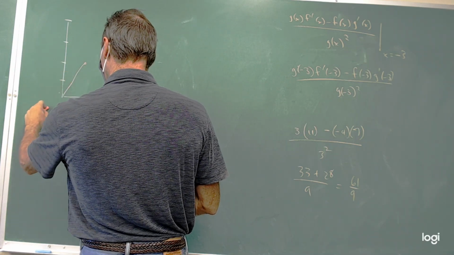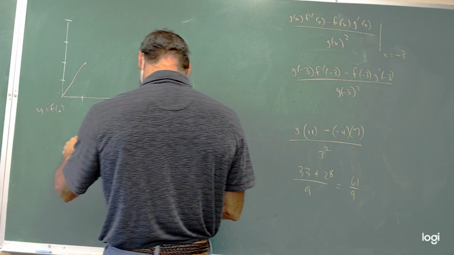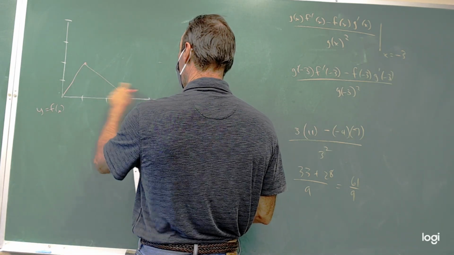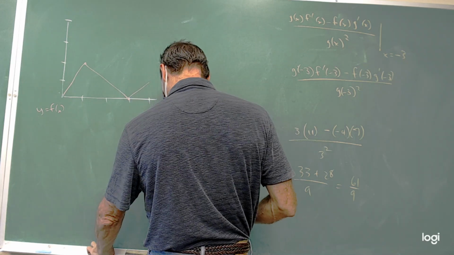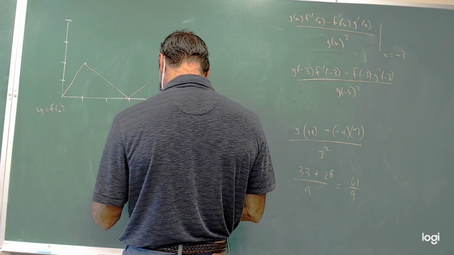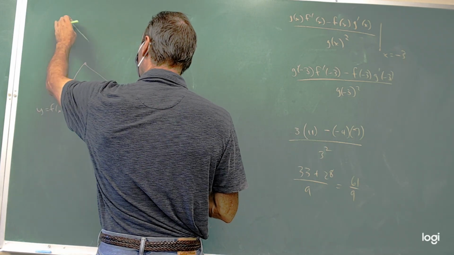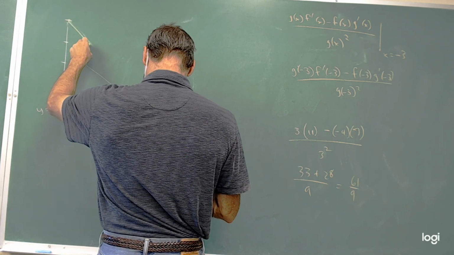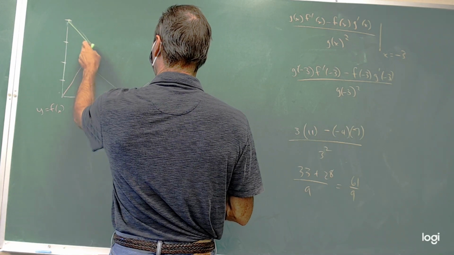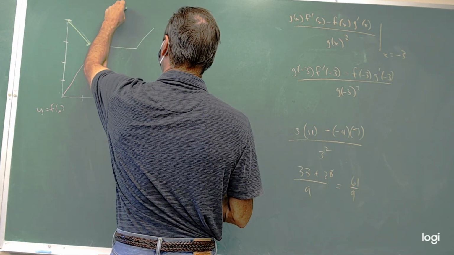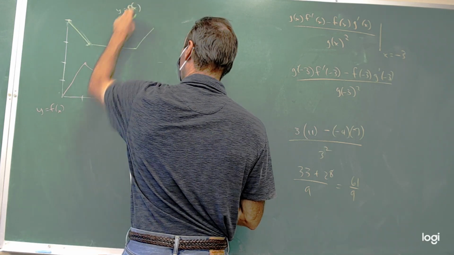This is our f of x, and here, and here. So there's our f of x. g is going to be in green, so it's going to go to there, and all the way across to here, and then back up to there. There is our g of x.